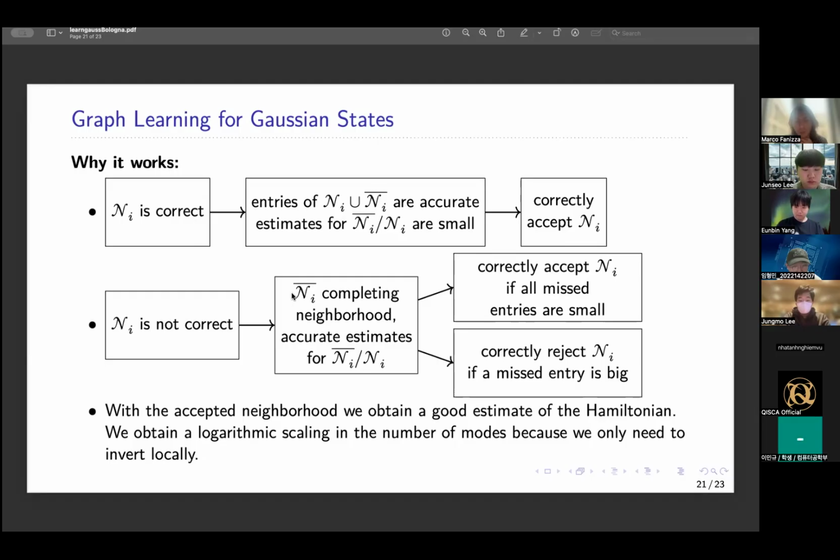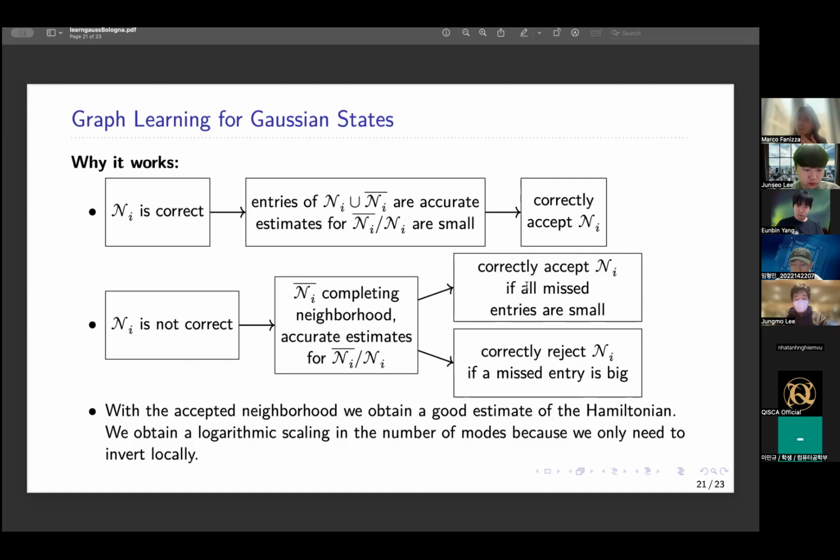there will be a completing adversarial neighborhood, such that the union contains a good neighborhood, and now we will have accurate estimates for the entries that are in the adversarial one but not in the original one.